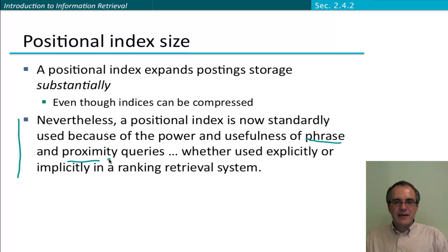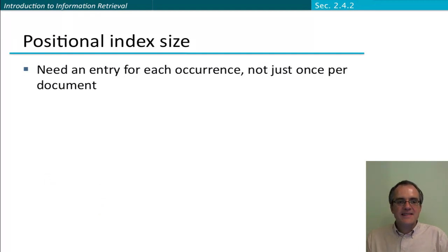Whether they're being used explicitly in terms of having these kind of phrase queries or within 3 queries, or whether they're just being exploited to improve the ranking of a system when it's looking for implicit phrases. But as I said, the positional index gets much larger.